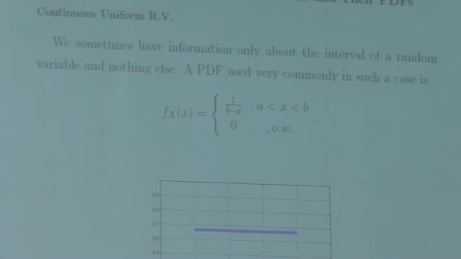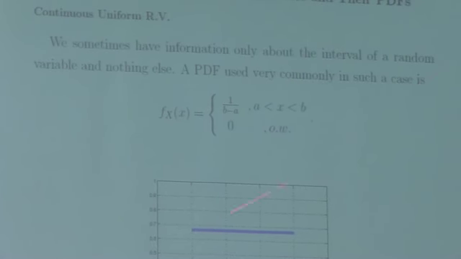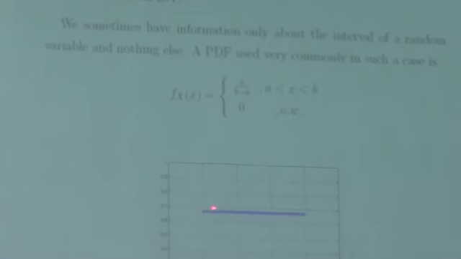Now, we also saw some important generic continuous PDFs. The first one was the continuous uniform density. A random variable x is uniform between a and b if its density is constant between a and b.